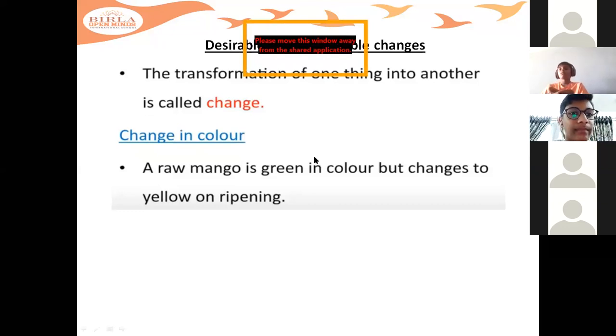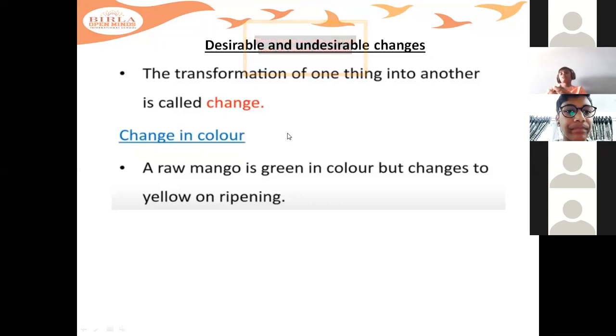Transformation of one thing into another is called change. You have all written it in your books, these desirable and undesirable changes. Please note it down, children. Note it down in your books. Desirable and undesirable changes. Just 1 second, children.